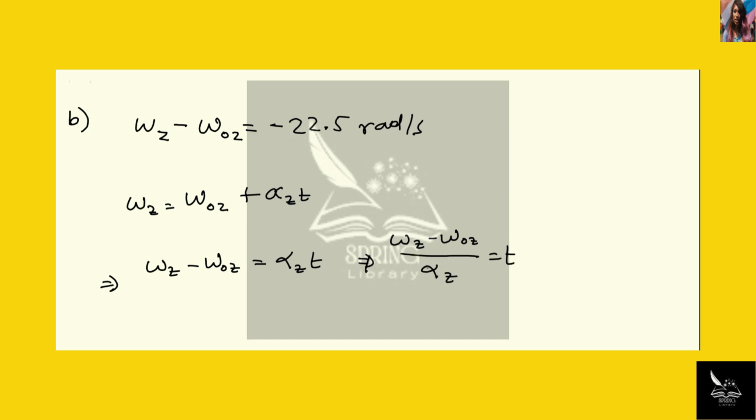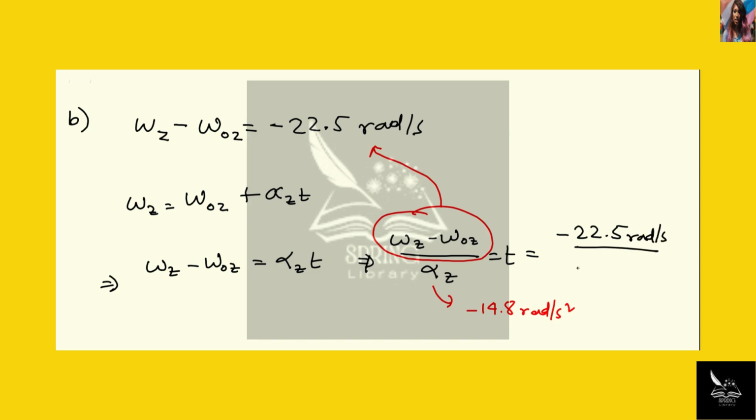And we know that this difference right here is negative 22.5 radians per second, and alpha z is negative 14.8 radian per second squared.